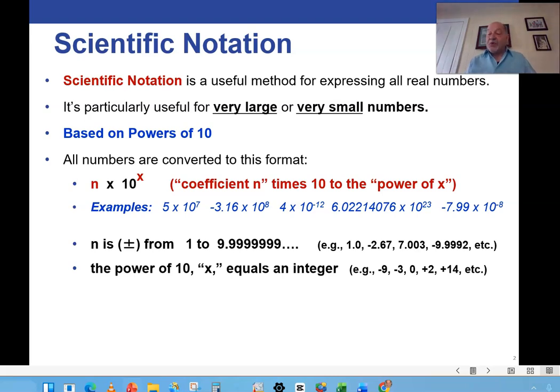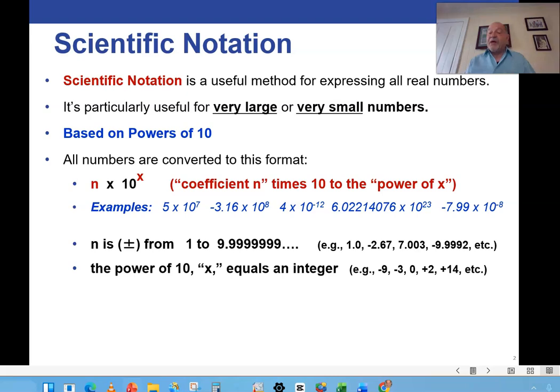You'll notice there are two negative signs. One is the sign of the whole number, the negative 7 part of that number, and one is the power of 10 is a negative number, negative 8. So the negative 7.99 tells you the whole number is negative, and the 10 to the minus 8 tells you the number is very, very small.